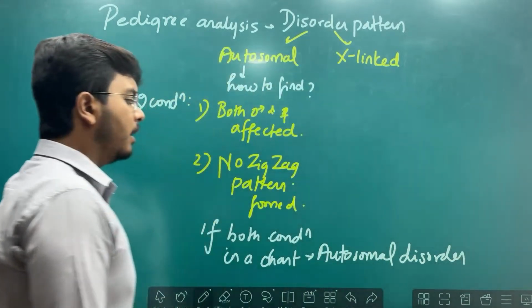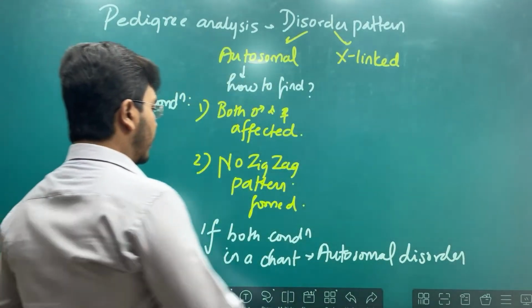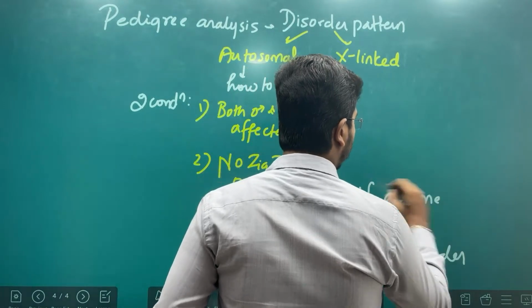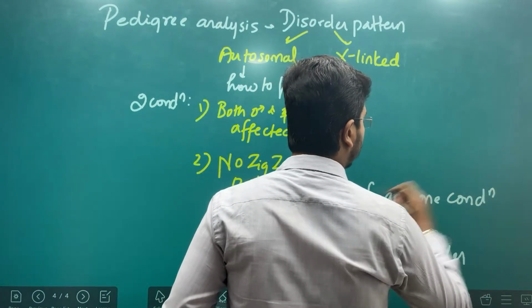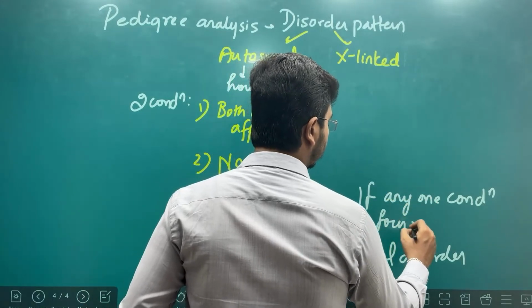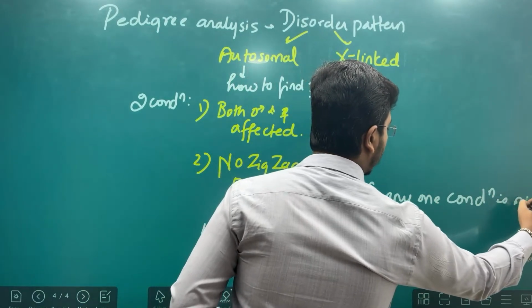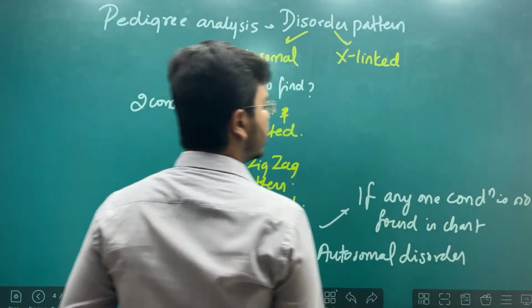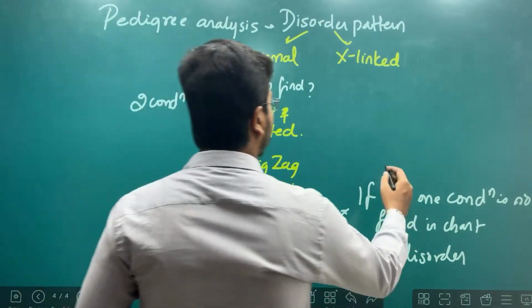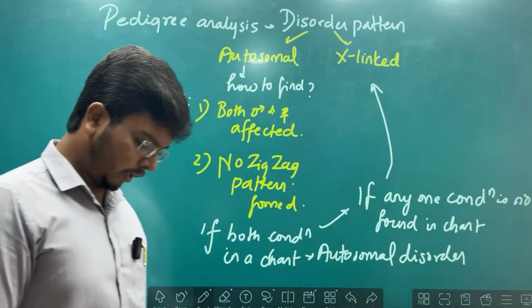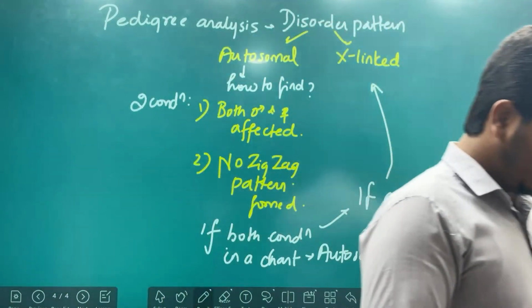Okay, இதன பத்தி சொல்லனும்னா autosomal disorder nu solra, right? If any one condition in the chart is not found, then what I can say, it is X-linked disorder. Are you clear?